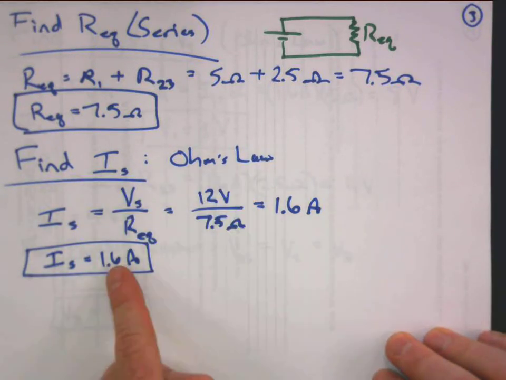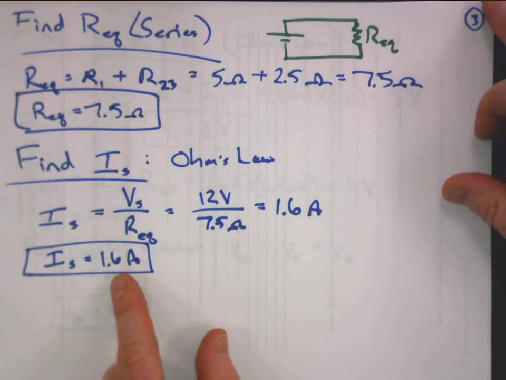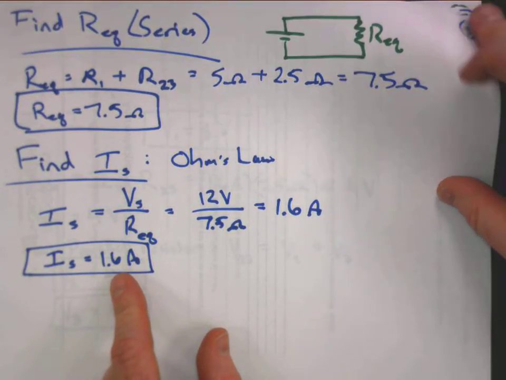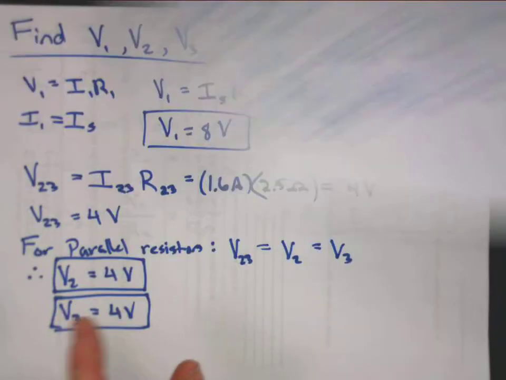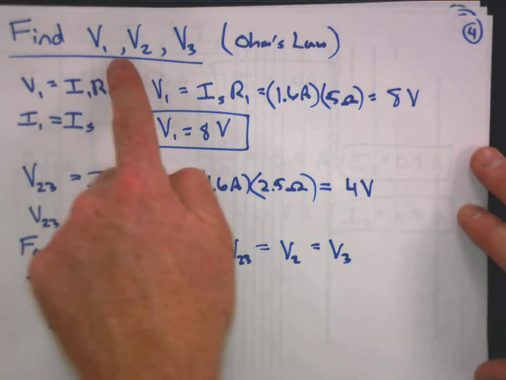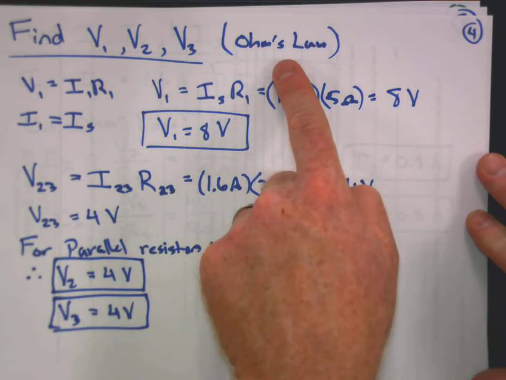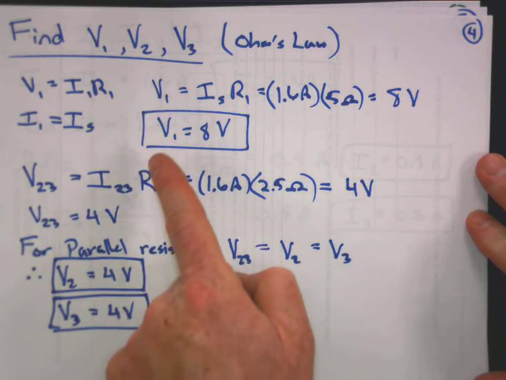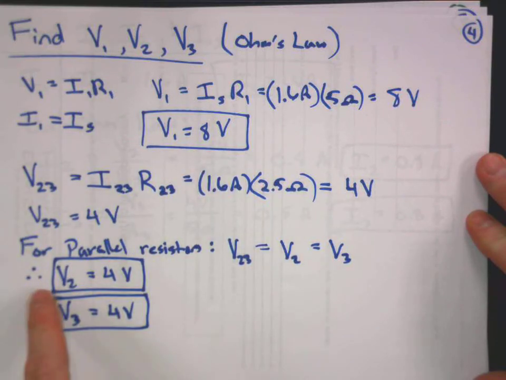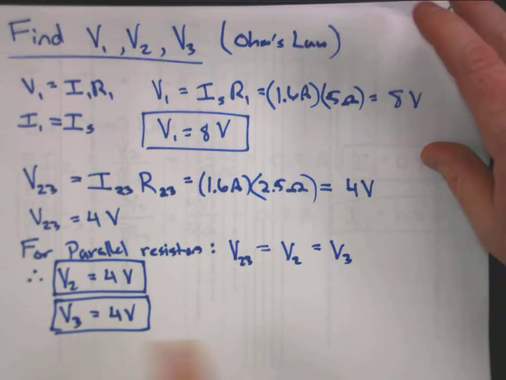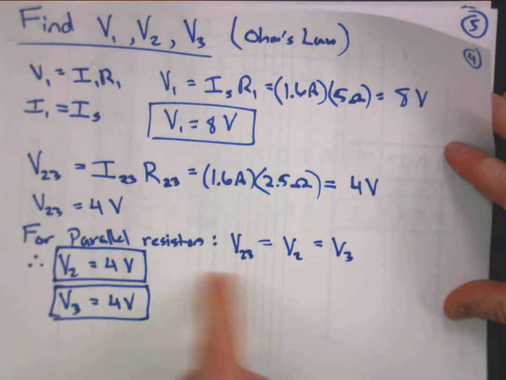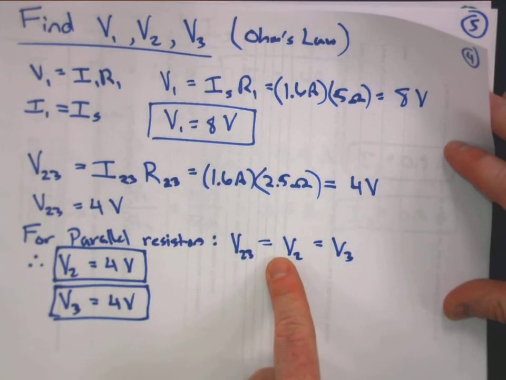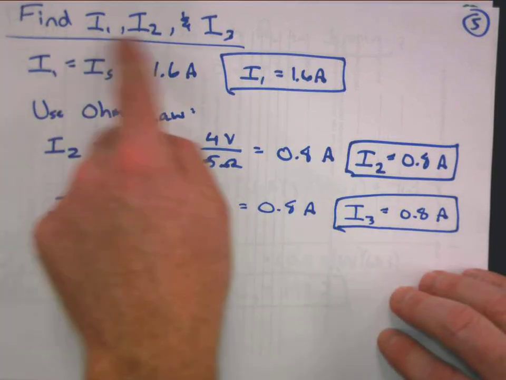I used Ohm's law and got the current coming out of the source, which is also called the total current in the circuit. Then I found the individual voltage drops using Ohm's law. Ohm's law is V equals IR. And I found the voltage drop of 1, voltage drop of 2, and 3. There was a little trick here because 2 and 3 are parallel with each other.